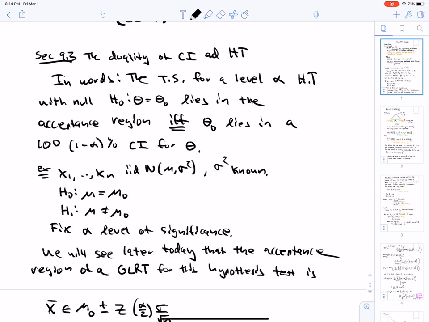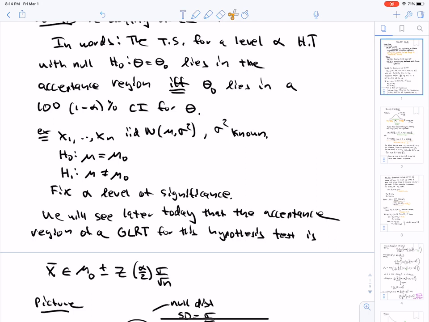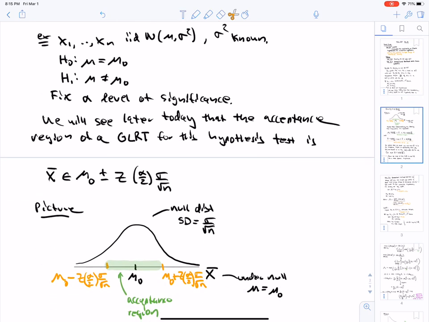So we're going to fix alpha, the level of significance, and we'll see later today that the acceptance region of a generalized likelihood ratio test for this hypothesis test is x bar in mu 0 plus or minus z alpha over 2 sigma over square root of n.